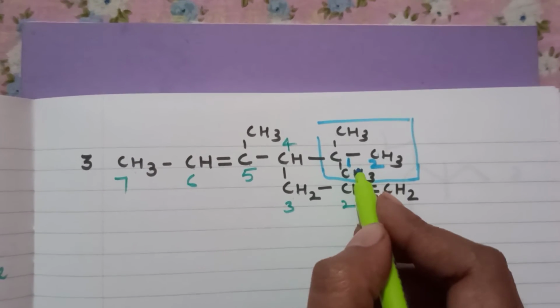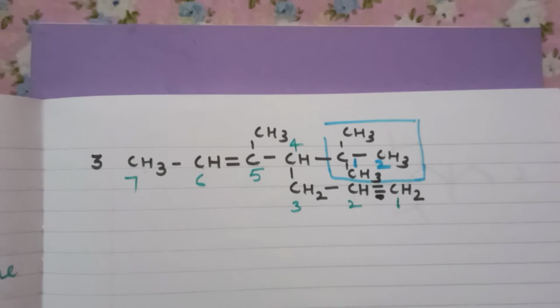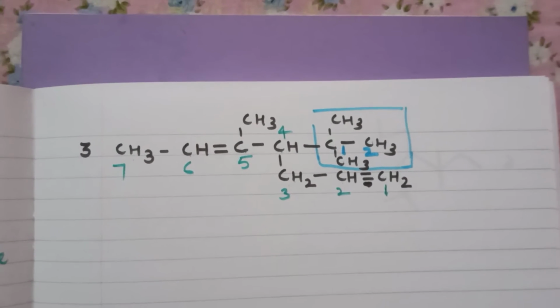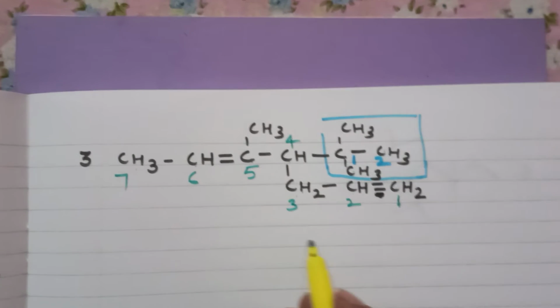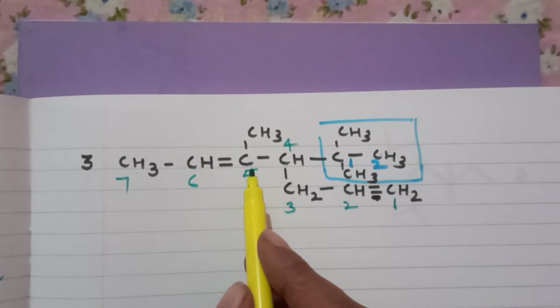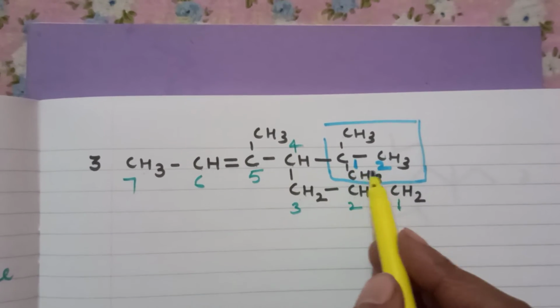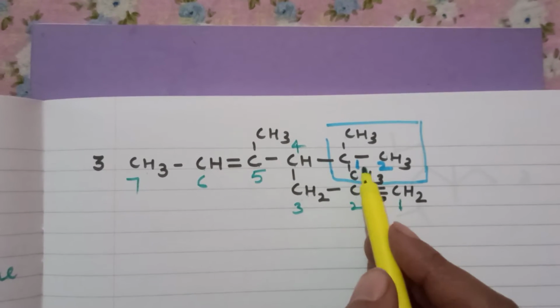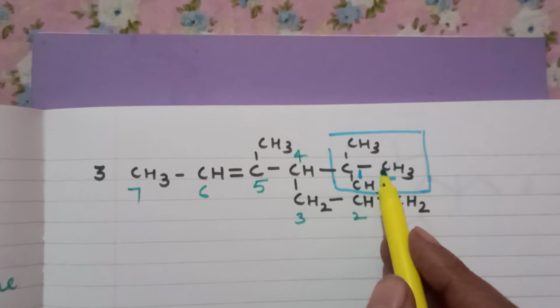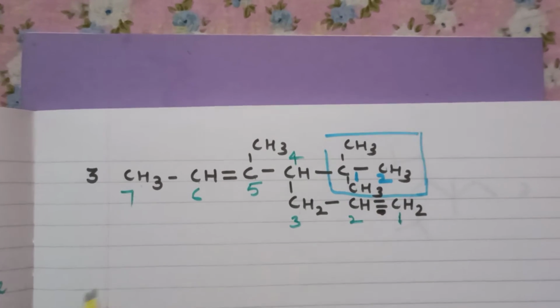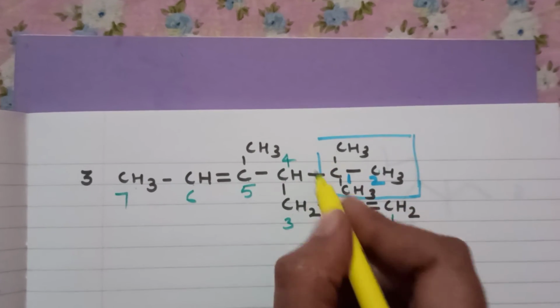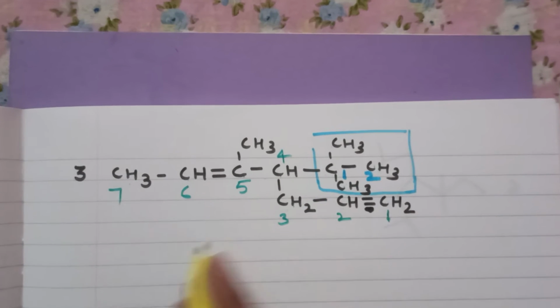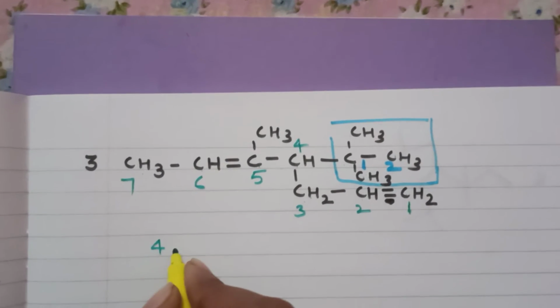So let us number this compound. First of all, this is a methyl group and this is a butyl group. How will we write? B comes first, so I will start from here. This group is present at carbon number 4, so I have written 4.